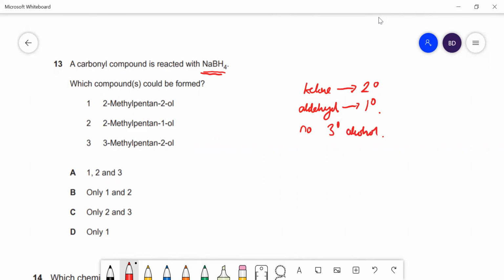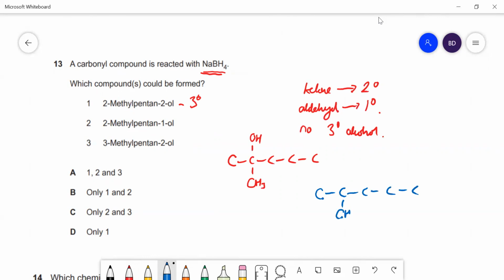Methyl pentan 2-ol. Let's look at that one. Okay, we've got 5 carbons, 2 methyl pentan 2-ol. That's a tertiary, so you can't form that one. Let's look at 2 methyl pentan 1-ol. Put your methyl there, and your OH there. That is a primary alcohol, so that is okay. 3-methyl pentan 2-ol, finally.